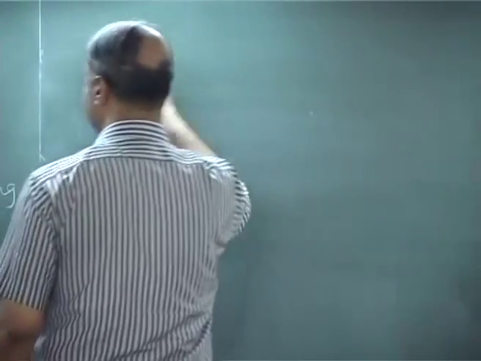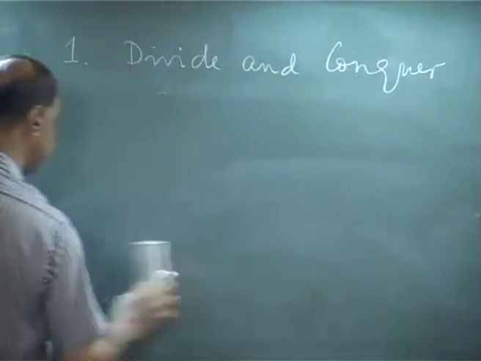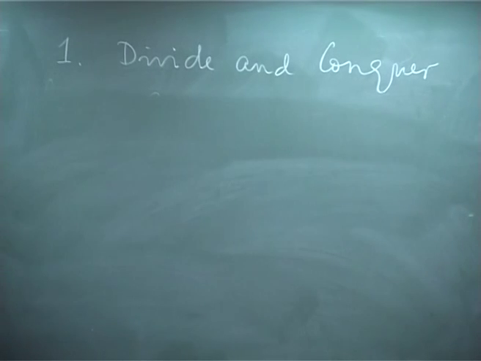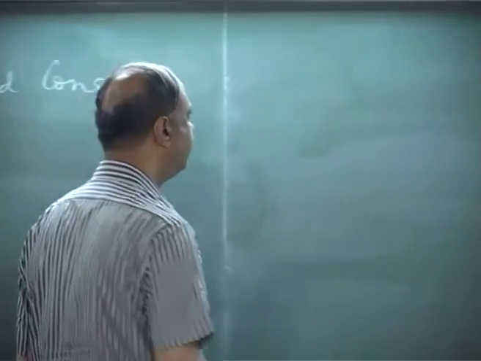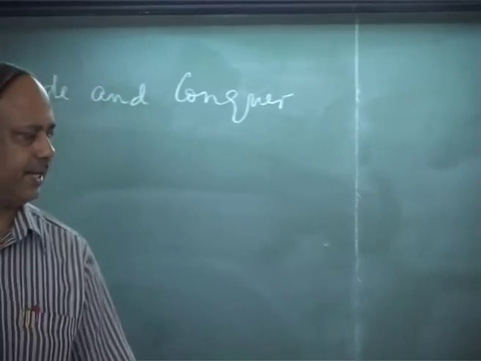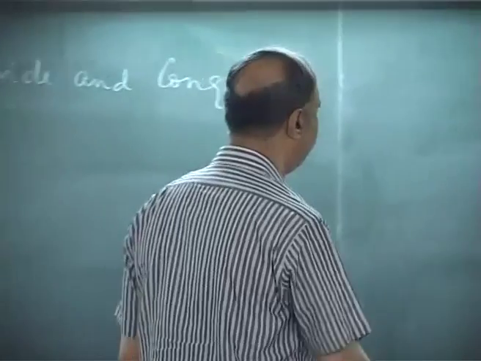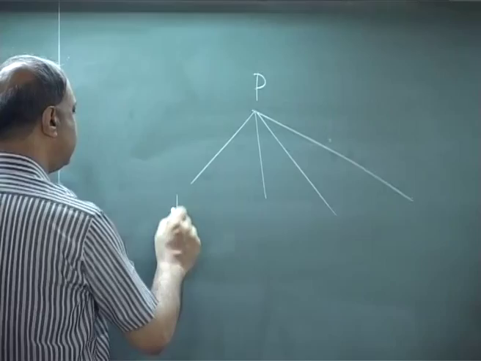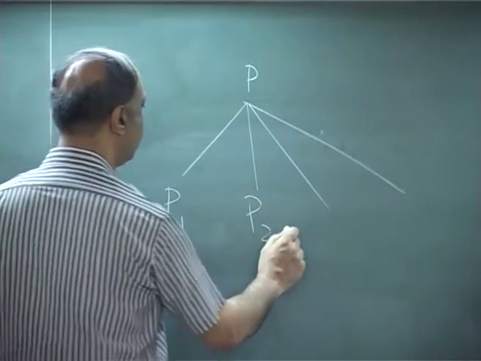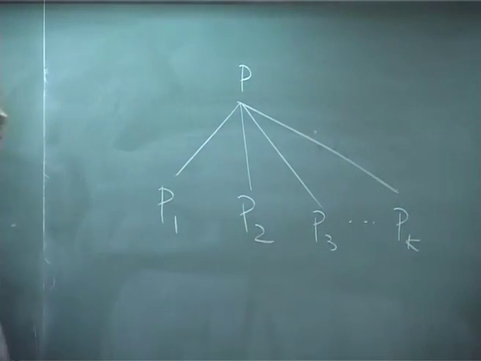Now let us consider the first paradigm, which is divide and conquer. What happens here? Suppose you have a problem P and you want to solve it. In divide and conquer, you divide problem P into several sub-problems, P1, P2, P3, up to Pk.